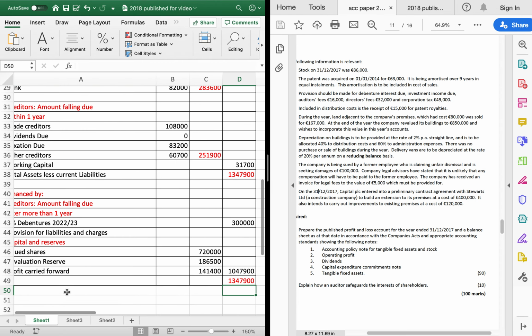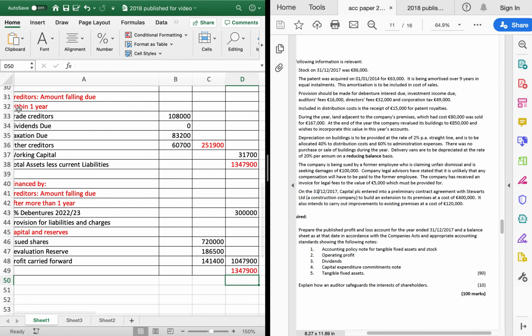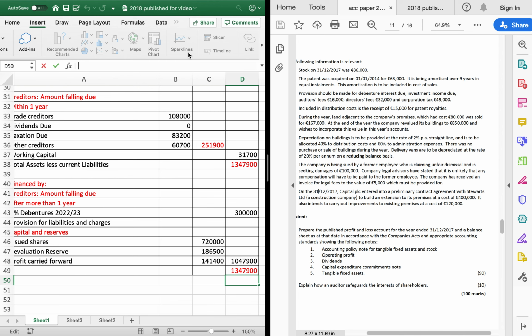Okay, I wonder is it possible to insert text? Just see. There it is.